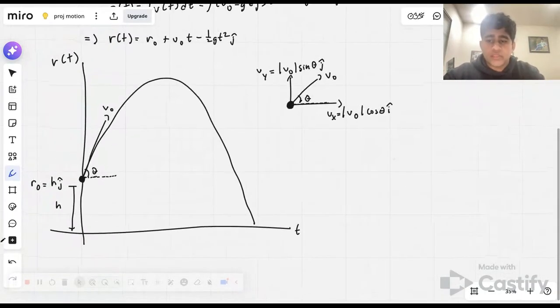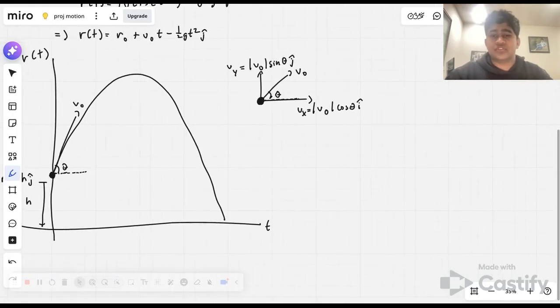So given that we've rewritten r naught and v naught, now let's rewrite our position function.